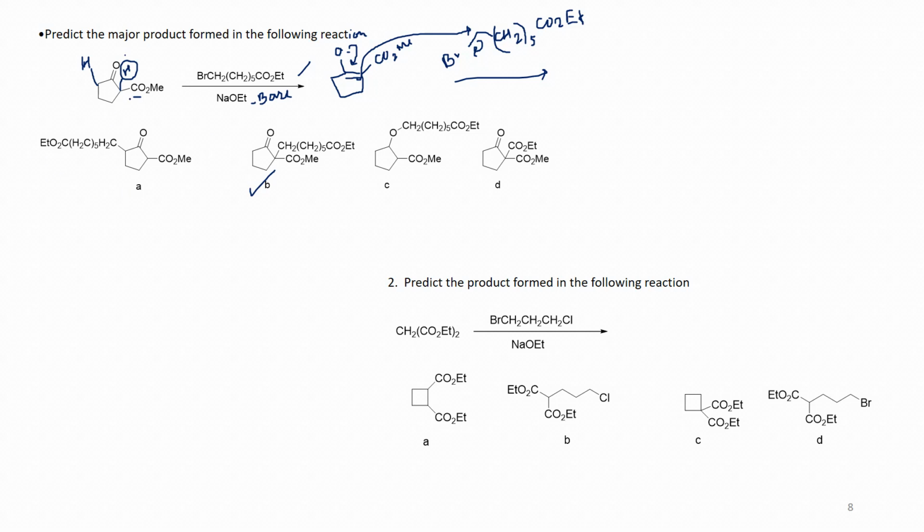So a simple base is abstracting one of these protons, as this proton is acidic as well as resonance stabilized. Due to this, the proton will be taken up, and this carbon will be negatively charged, that is, it will turn into a nucleophile.